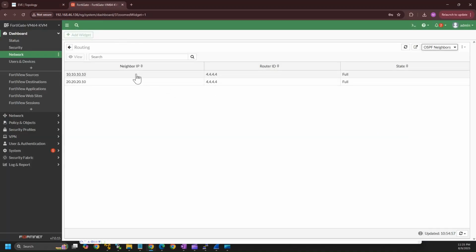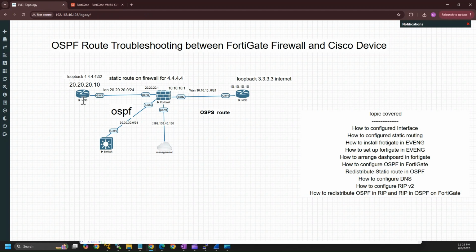That's why it was receiving the neighbor, but when the route was sent to this device, it was not accepted because of the same router ID. It was discarding the route because it was saying, I am the router for this 4.4.4.4, so we will not accept this route.